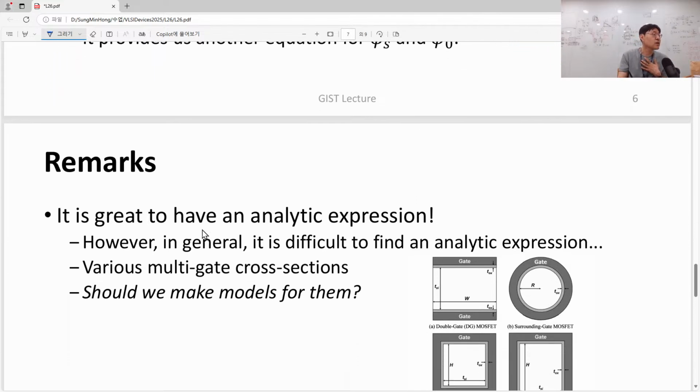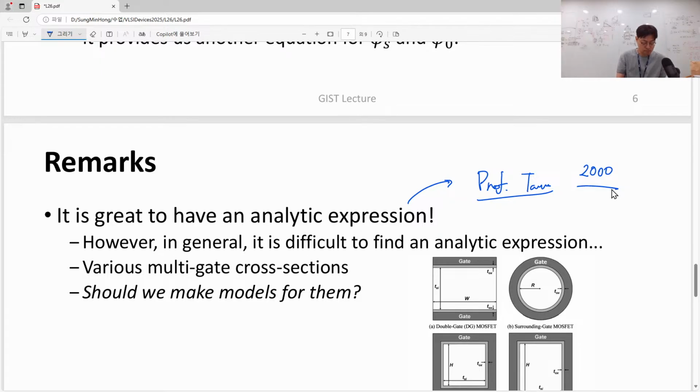It's really amazing to have an analytic expression, and that was first found or reported by Taur once again, and it first appeared in the year 2000 in IEEE EDL, and it has some limitations. For example, we considered an intrinsic channel.